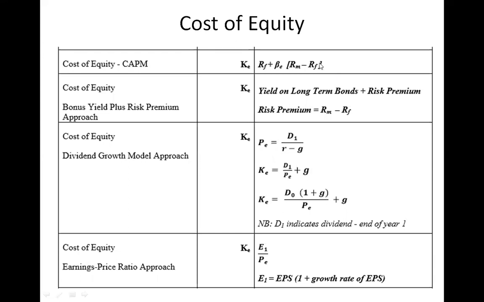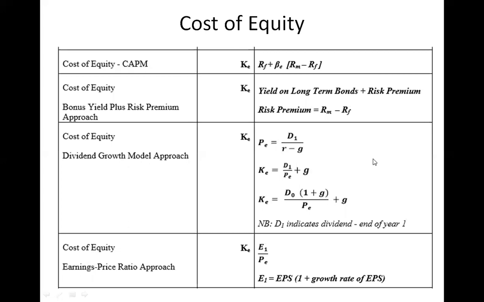Got it? And what is RM? RM is market return. For example, we take it as the Sensex return or Nifty. So what is Sensex? Sensex is indicator for which stock market? BSE. And Nifty? NSE. Okay. So we will take any of the markets, whatever that market is giving.